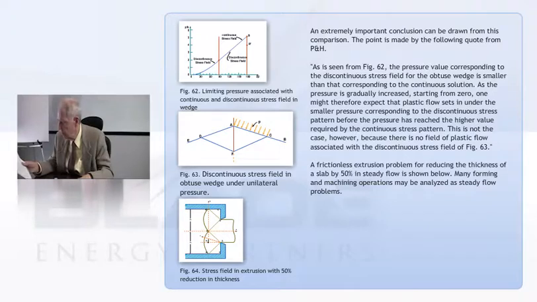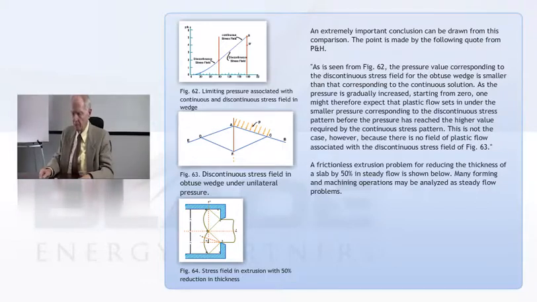what did they call this? The obtuse wedge. When you have the discontinuous field, you can't find a velocity field that goes with the stress field. So if you can't find a velocity field that goes with the stress field, then you don't have a solution.